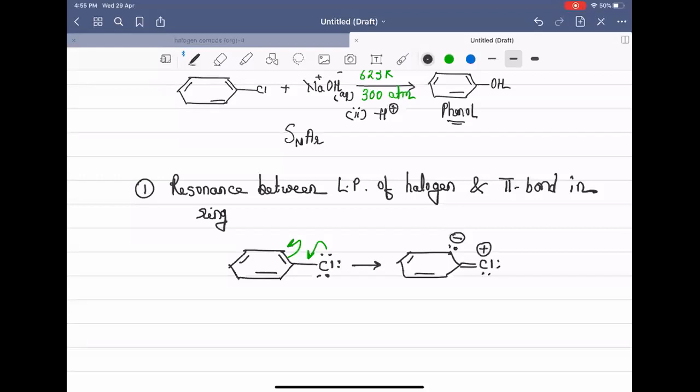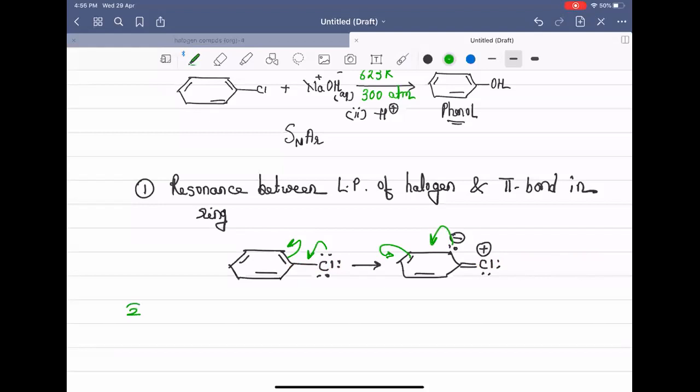And it is because of this that it is very difficult to break. This partial double bond character would not allow the bond between carbon and halogen to break easily. You can draw the resonating forms.